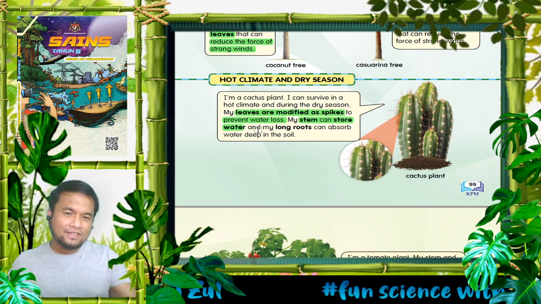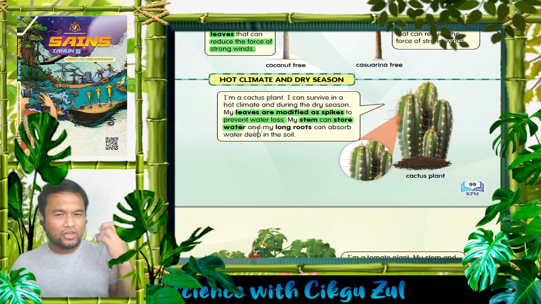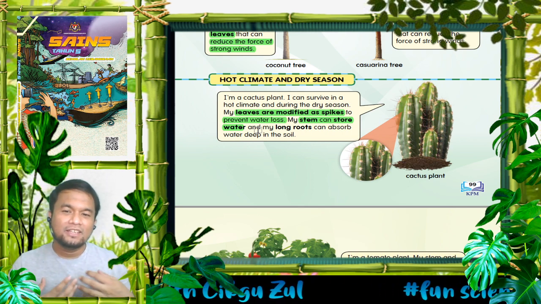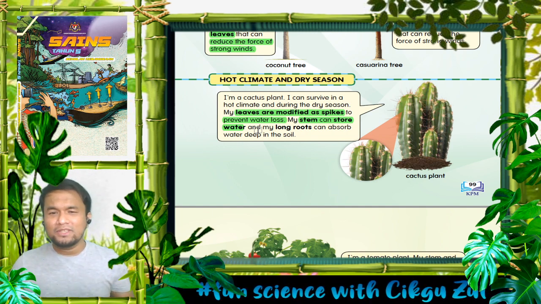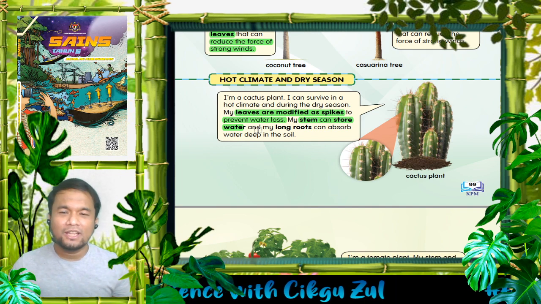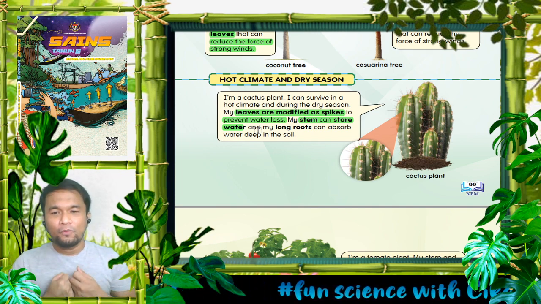They will cut the part of the cactus and then they drink from it, isn't it? Kerana di dalam tu boleh menyimpan air. Jadi dia tidak perlu risau kalau hujan tak hujan ke, it can still have a supply of water.